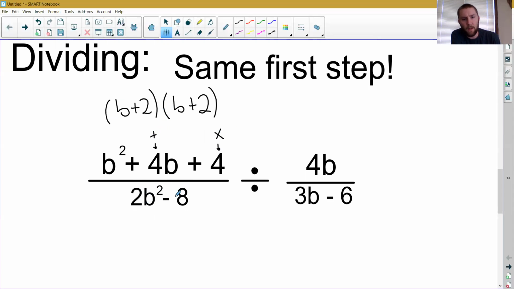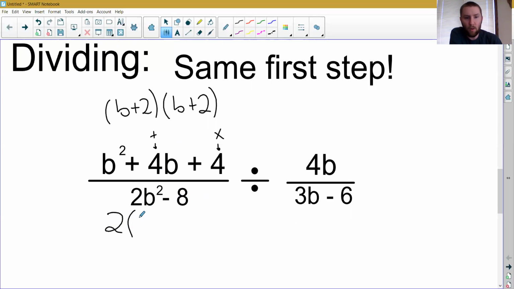Then on the bottom here, I see 2b squared minus 8. So again, the first thing that I'm always looking for, remember, is a common factor between the two pieces, something that I can divide both of them by. In this case, I want you to notice there's a 2 here and an 8 here. 2 and 8 can both be divided by 2, so I'm going to do that, okay?